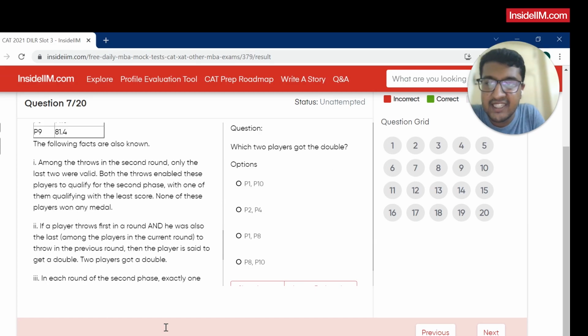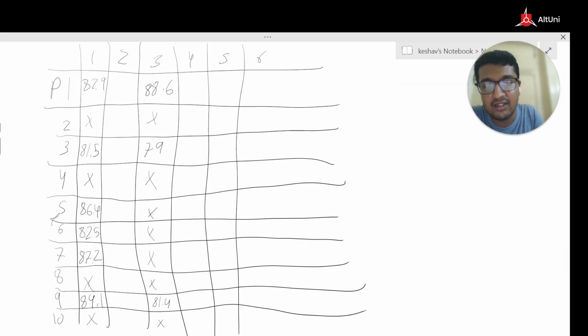Among the throws in the second round, only the last two were valid. Both the throws enabled these players to qualify for the second phase, with one of them qualifying with the least score. None of these players won any medal. All right. So who were the last two throwers in the second round? As 9 scored, it would have moved up, and 8th and 10th were left as the last two players.